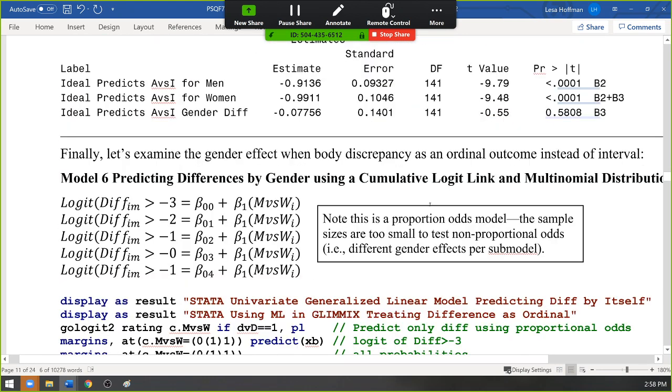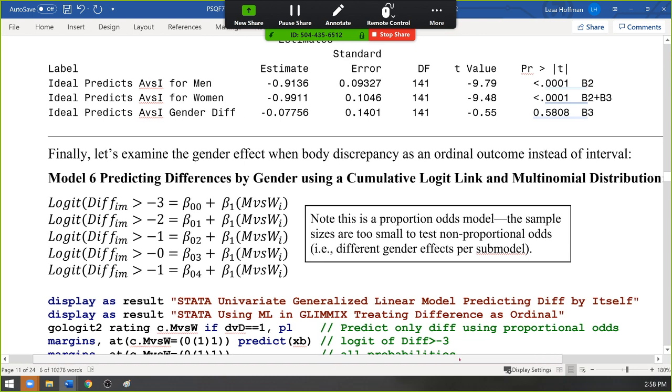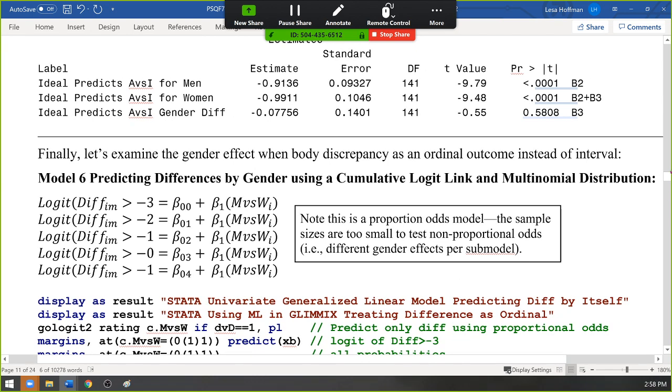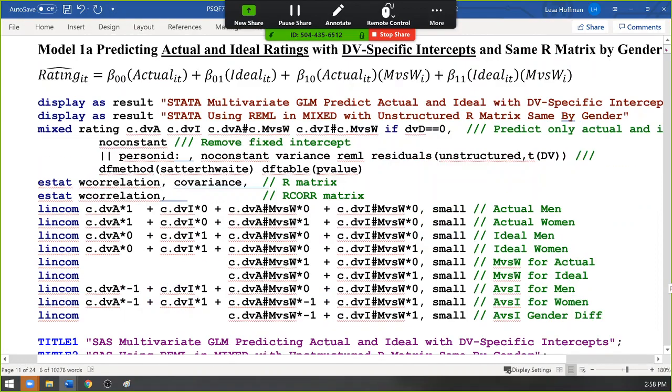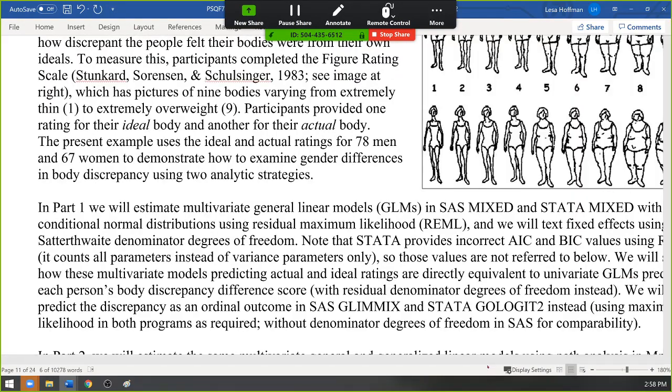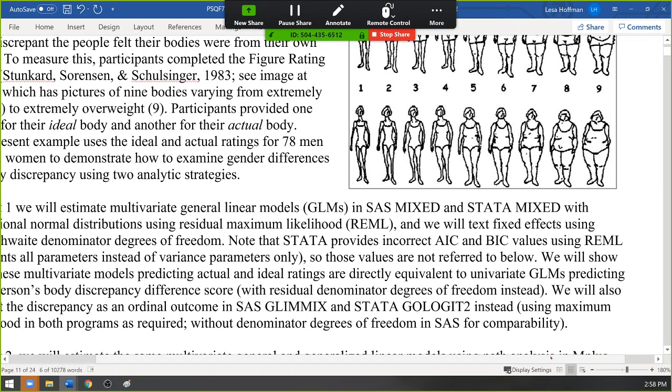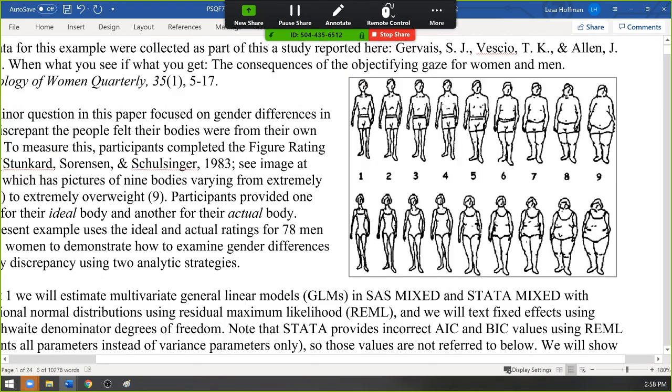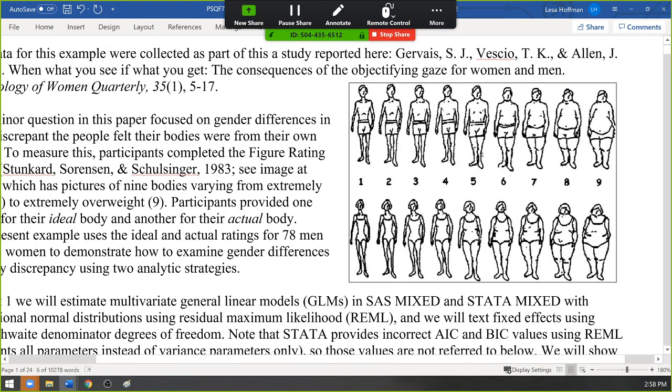And then one more. Let me go back to the picture here, the very top of the handout. The variables that we're predicting are people's responses to this figure right here. Are these numbers? Not really. It's ordinal, right?